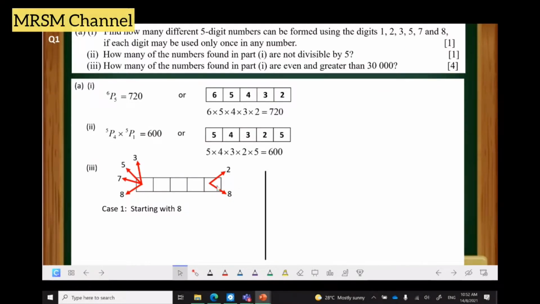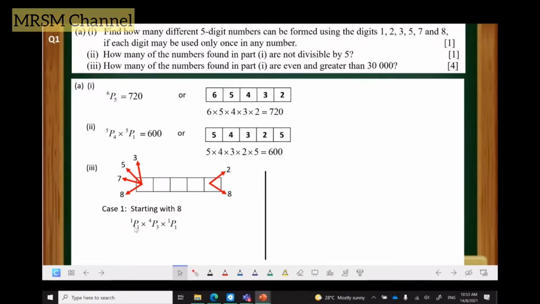So the last place can only be filled with digit 2. We only have one choice at the back, one choice at the front. So the front is 1P1 which is 8, the back also 1P1 which is 2.